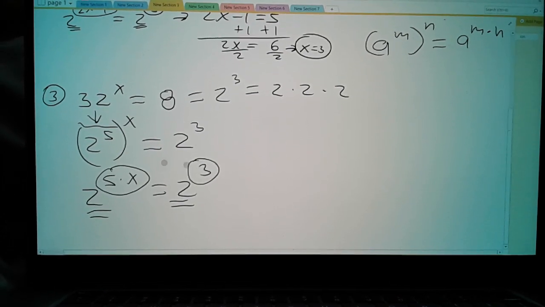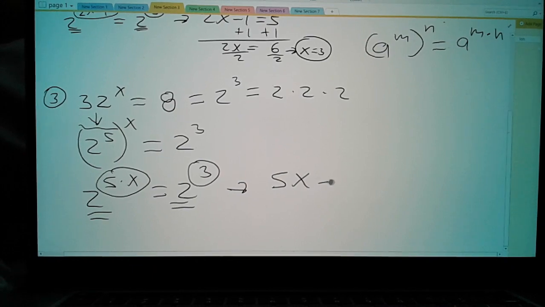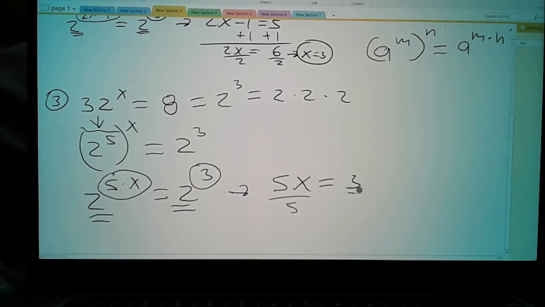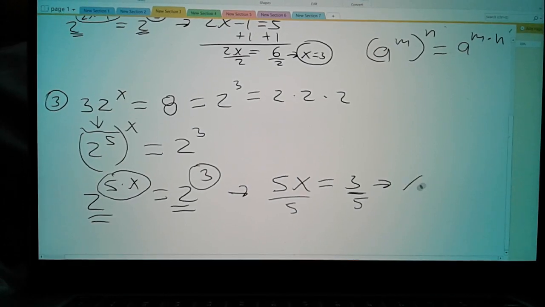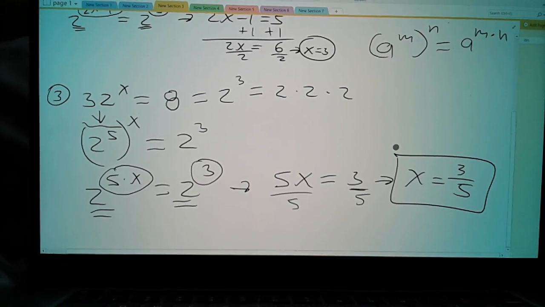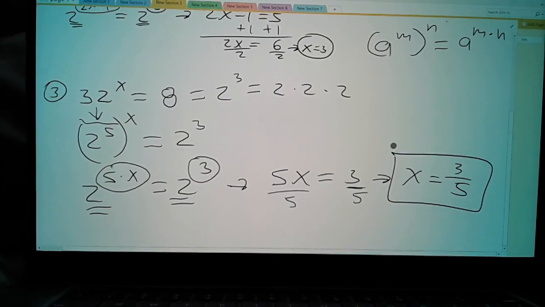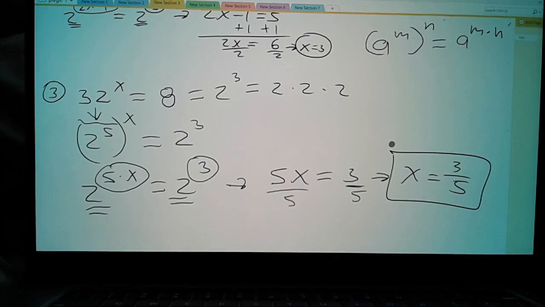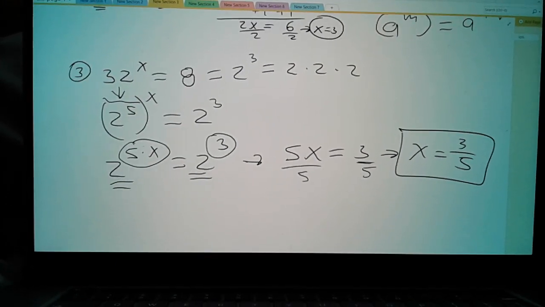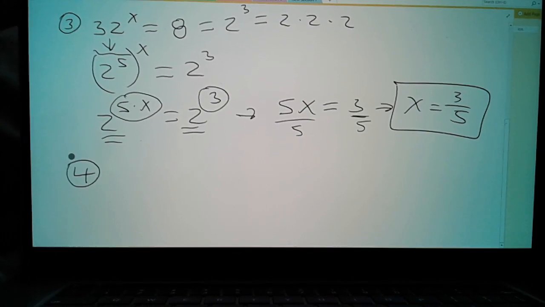So I get 5x equals 3. If I divide both sides by 5, then all of a sudden I have my result. So this is the answer, 3/5. Any questions?